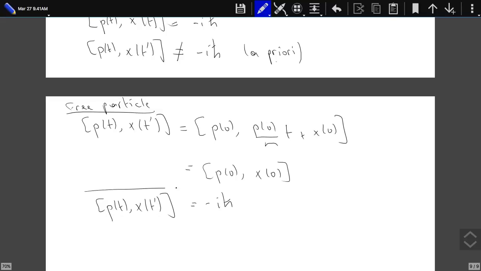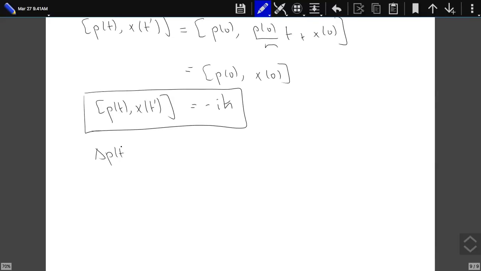So, what does this tell me? Well, suppose you create a momentum eigenstate at t equal to 0.